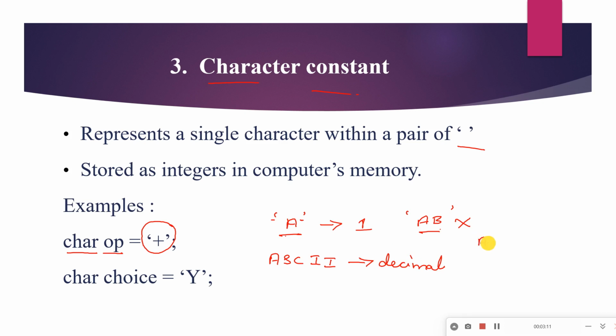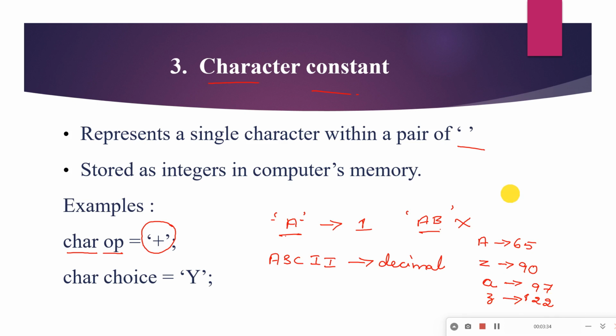For example, capital letter A can be considered as 65, then Z as 90. The ASCII value is 90. Then small letter a is equivalent to 97. Then small letter z is equivalent to 122. Okay.